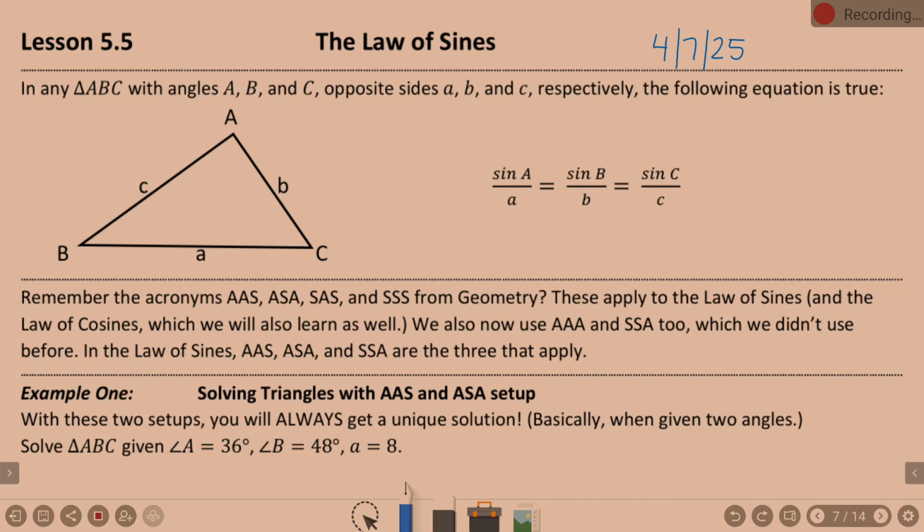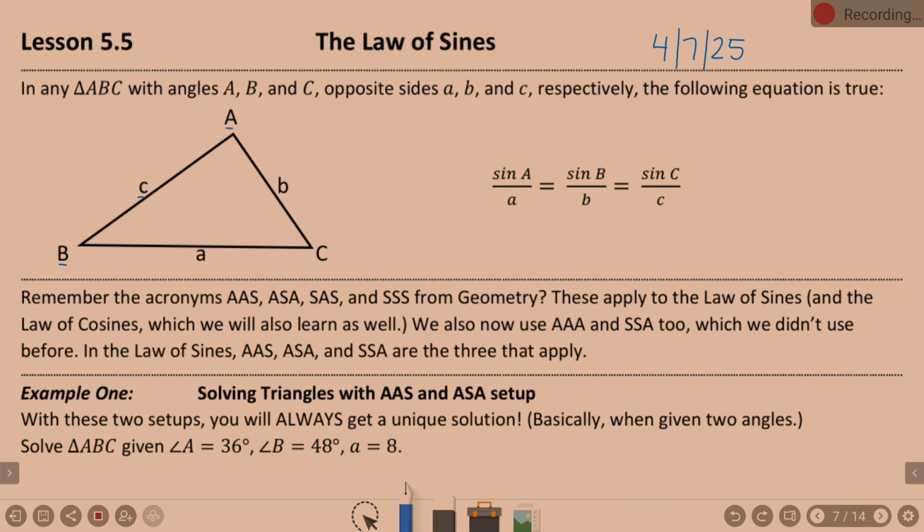If you had an angle, side, angle that lines up, that could make two triangles congruent. Those apply to law of sines and law of cosines when we get there. But we also now get to introduce angle, angle, angle and side, side, angle. These were two you didn't get to use in geometry because they don't work for triangle congruence, but they do work with law of sines and cosines.